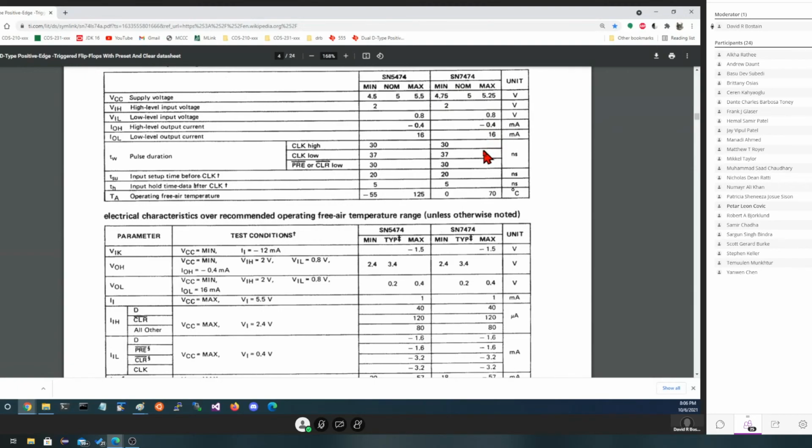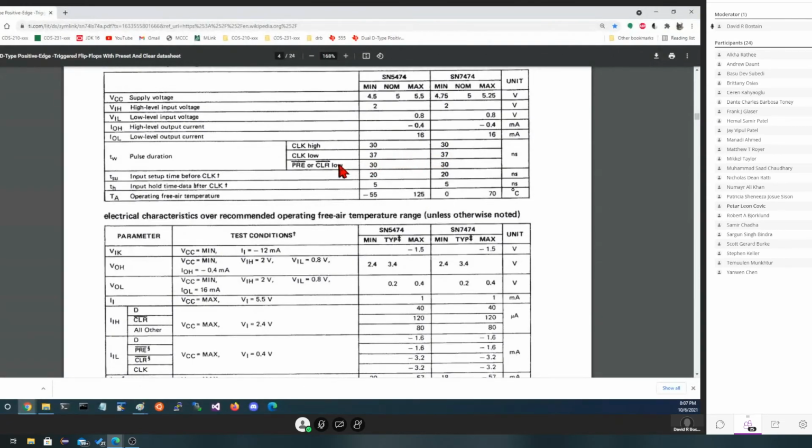Now, these matter. If we want to pulse the clock, in order to go high, it has to be high for 30 nanoseconds. It has to remain low for 37 nanoseconds, which is going to set an upper bound on how fast we can cause the thing to toggle.